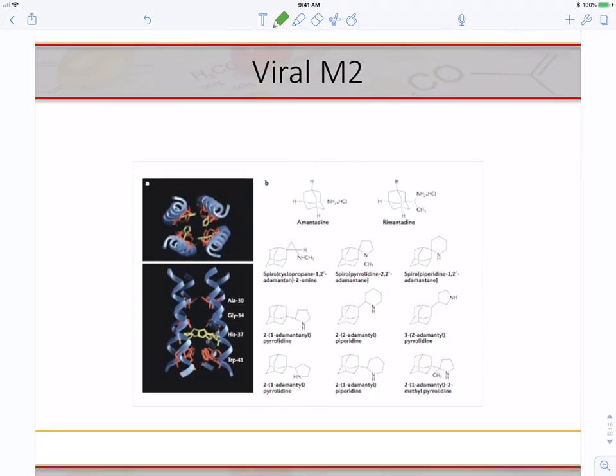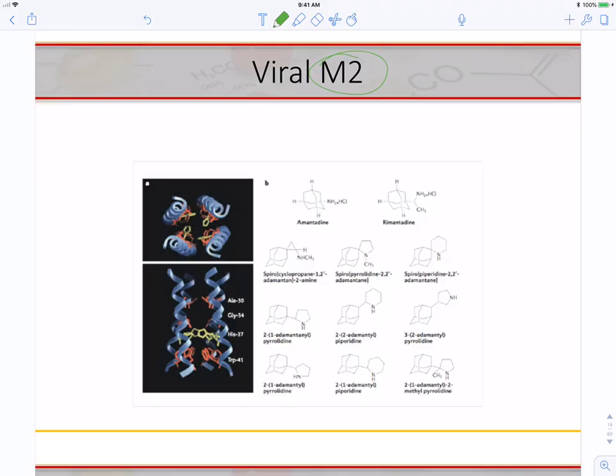The important protein here is a viral protein called M2 that allows for pH equilibration between the endosome and the virus. It acts really as an ionic channel and permits the rearrangement of hemagglutinin.